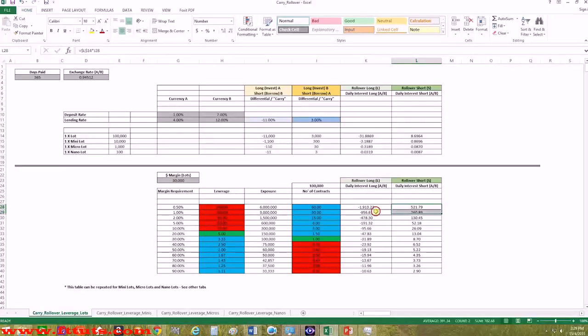Now that doesn't mean that you should go out and open a 0.5% margin requirement account, fully leverage up to this number and just put on a currency pair that pays. Because as we mentioned earlier, it's not just about whether your account receives a net credit.